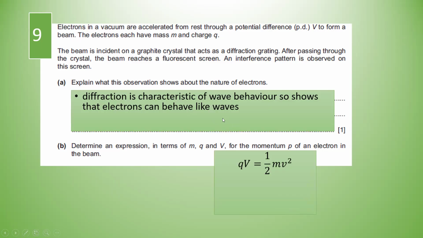If you can memorize the formula, go ahead, use the formula of momentum. If not, work it out. qV is half mv squared, and kinetic energy can be written as momentum squared over 2m. That's your AS work. Then cross multiply, square root of 2Vmq.